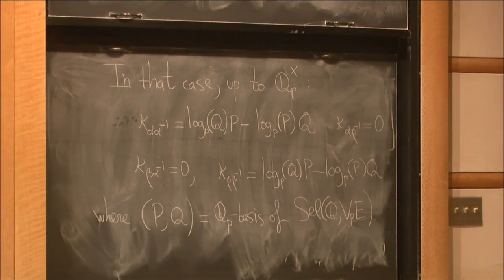Okay, so conjecturally, the span of these generalized Kato classes should be the kernel of p-adic log, inside Selmer.